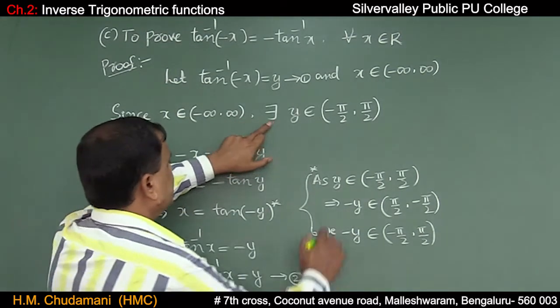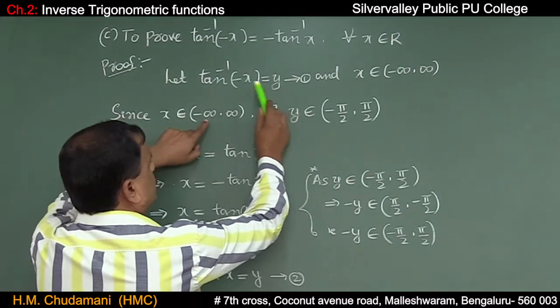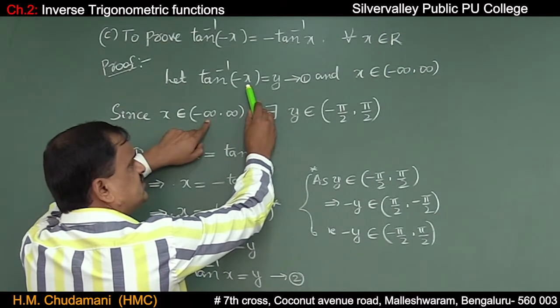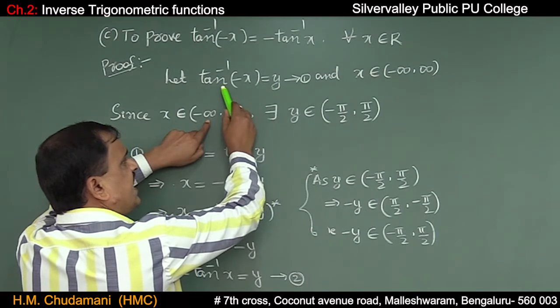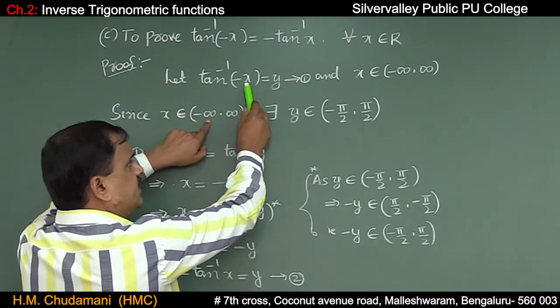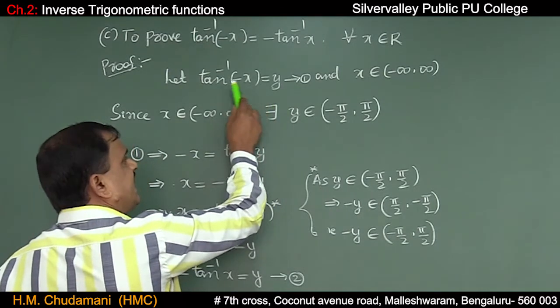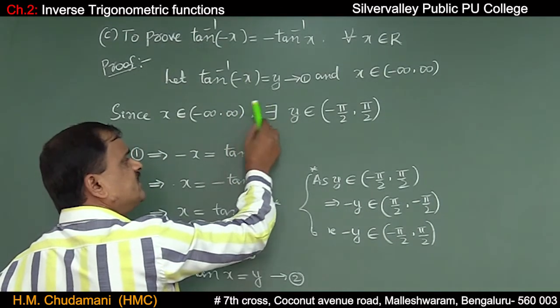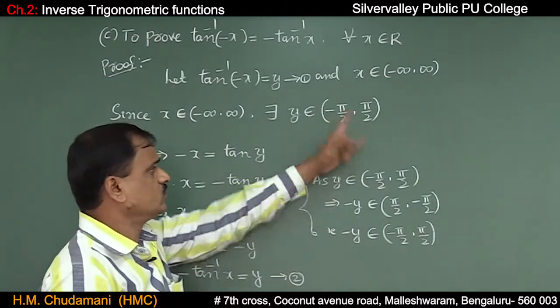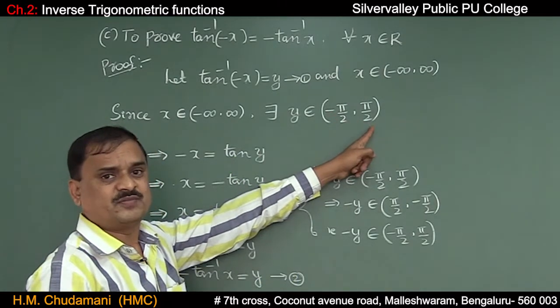So therefore there exists y. If I select x as minus infinity, y equals tan inverse of plus infinity. So tan pi by 2 is infinity, you know. Then tan inverse of minus infinity means minus pi by 2. So minus pi by 2 comma plus pi by 2.